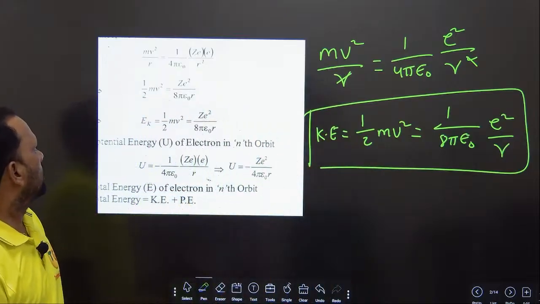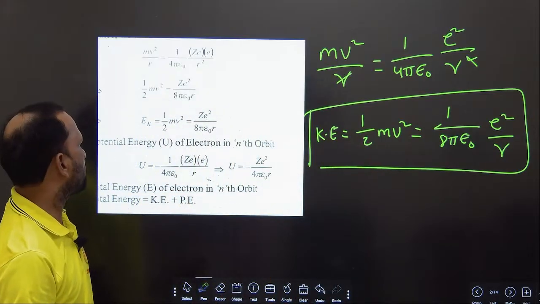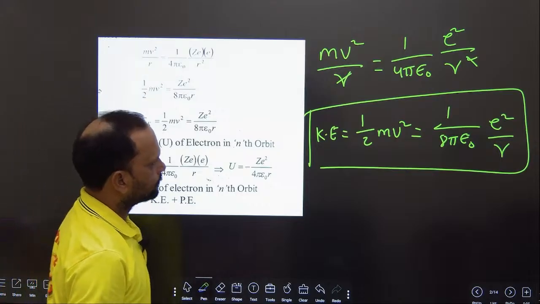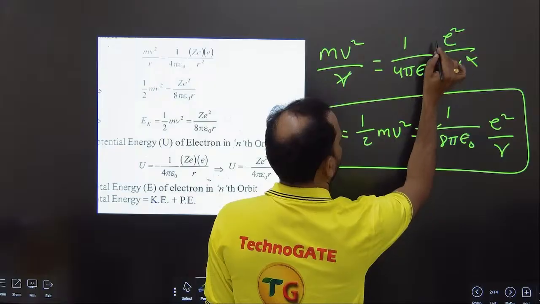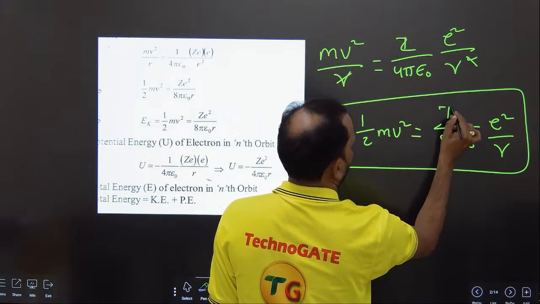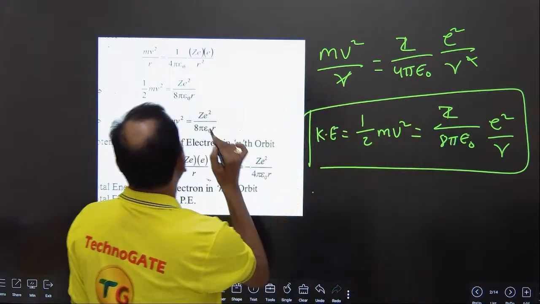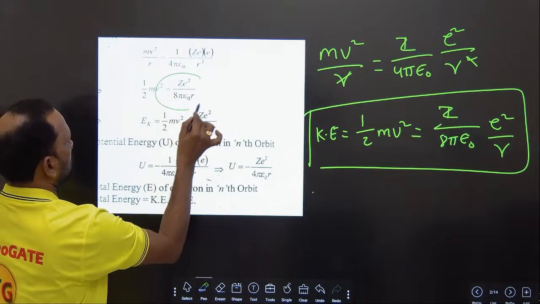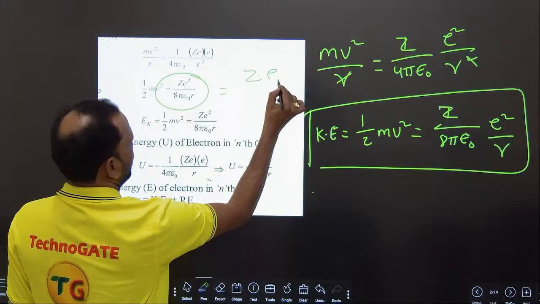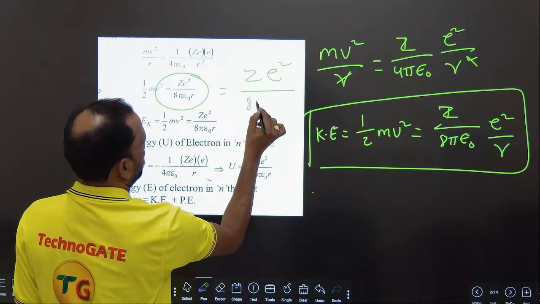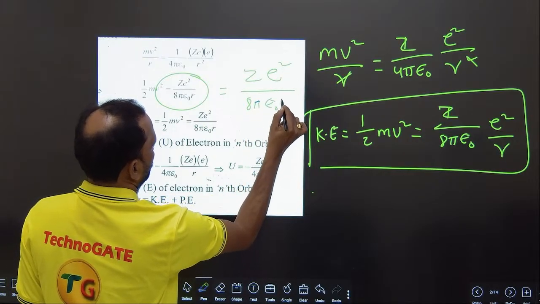Kinetic energy formula: Z e square by 8 pi epsilon naught r.